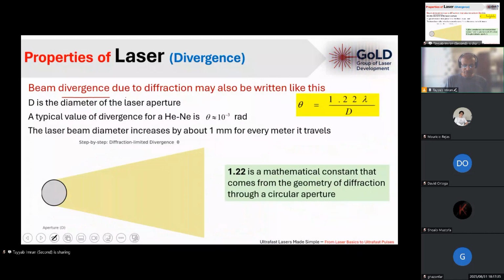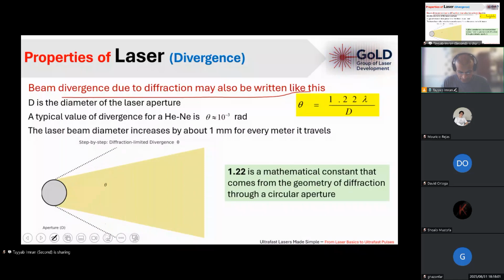Beam divergence due to diffraction. Because the beam is coming out from a very narrow source, usually a slit or very small hole or aperture, when the light passes through such a narrow aperture, the light diffracts.